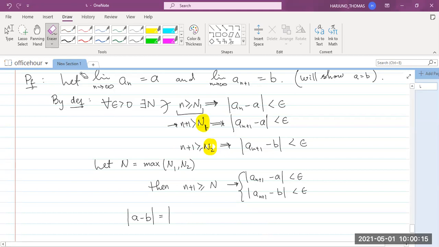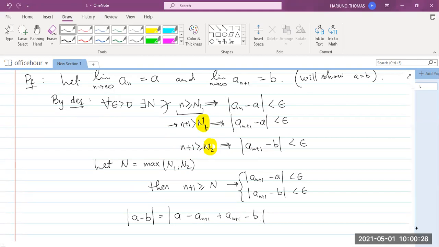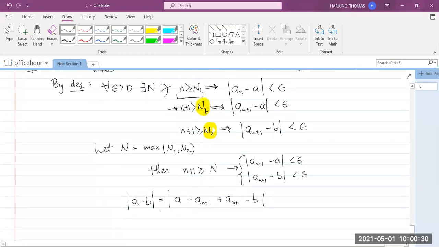So this is A minus a sub n plus 1, plus a sub n plus 1 minus B. Is it okay? Yes. Now, according to the triangle inequality, the absolute value of a sum is less than or equal to the sum of absolute values.